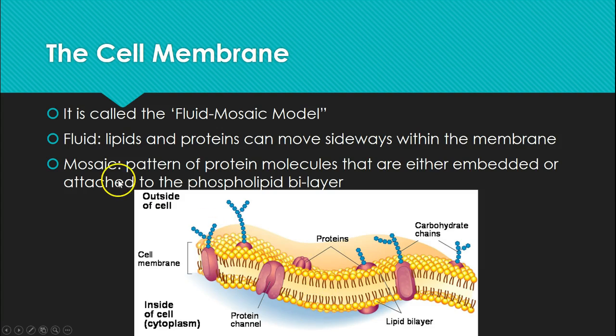Now, the mosaic part is the pattern of protein molecules that are embedded or attached to the phospholipid bilayer. Again, either they're embedded like this, or they're only partially attached in one part of the layer. And the location of the proteins determines the purpose of the cell membrane as well.